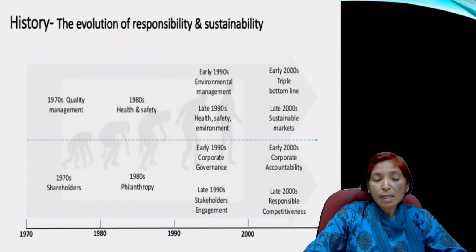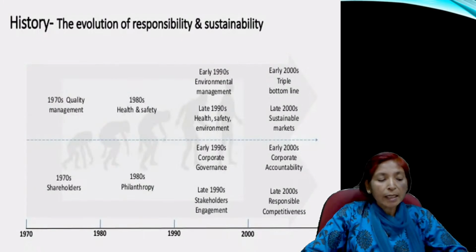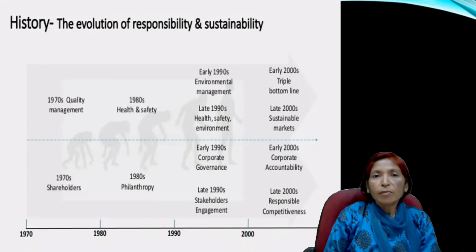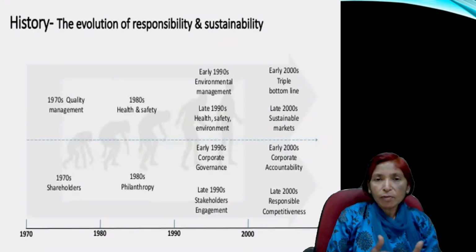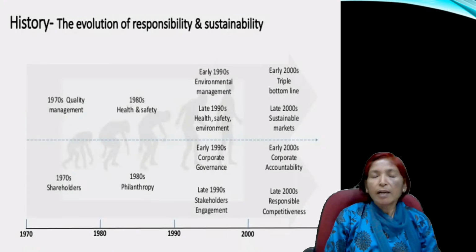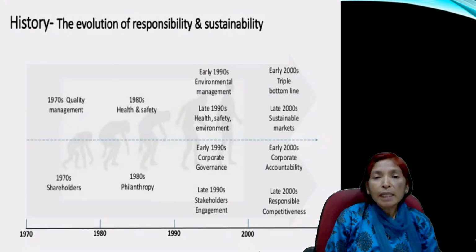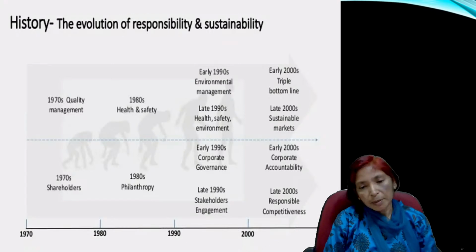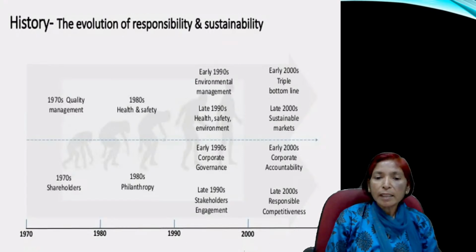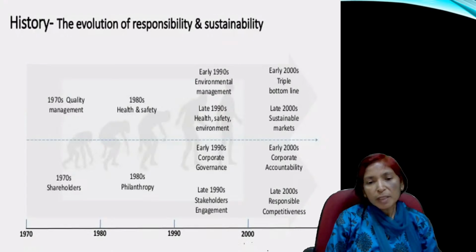If companies have less money, then they can collect income through charity, sponsorship, or other donations, and use that money for needy people, for those who really need their help. And in the early 1990s, the corporate governance concept was also included in social responsibility.